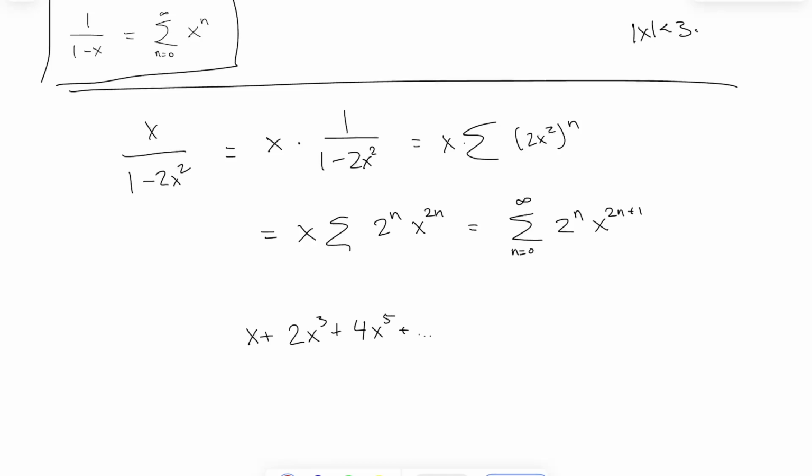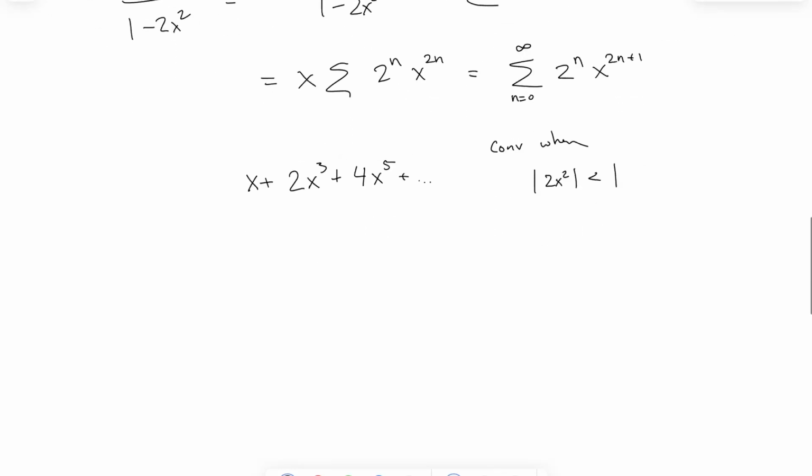Can we say, what about the convergence? Again, we just plug in here. This time this is a little strange, but 2x squared less than 1, right? It's always absolute value of whatever is less than 1, where the whatever is the part that you actually plugged into the series formula. And then I would like to solve for x here, although it has to be always inside the absolute values.